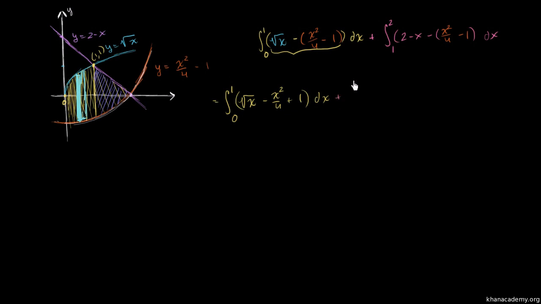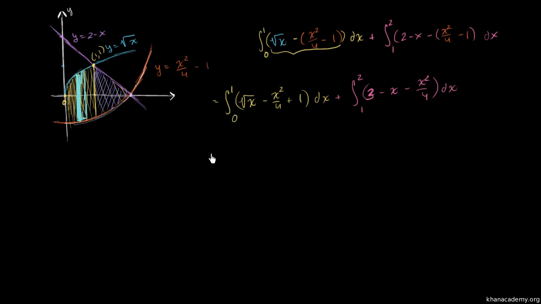Plus the definite integral from 1 to 2 of 2 minus x squared over 4, and then subtracting a negative 1 is a positive 1, so we can add it to this 2 and the 2 just becomes a 3, dx. Now we just have to take the antiderivative and evaluate it.